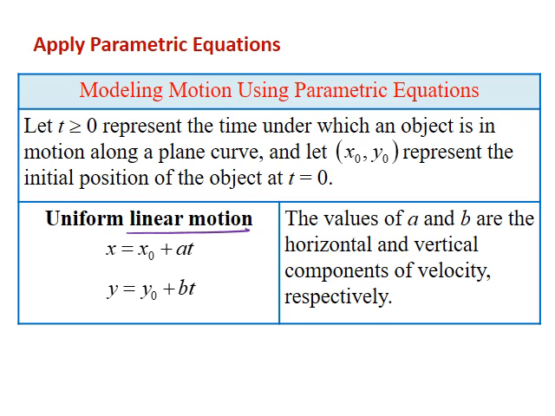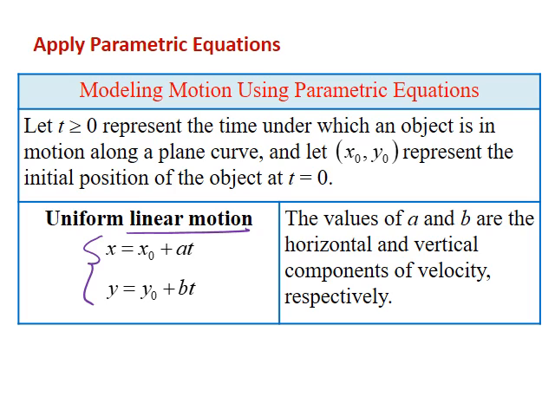So uniform linear motion would be something like moving on a straight path, like a bike being ridden down the street or something.